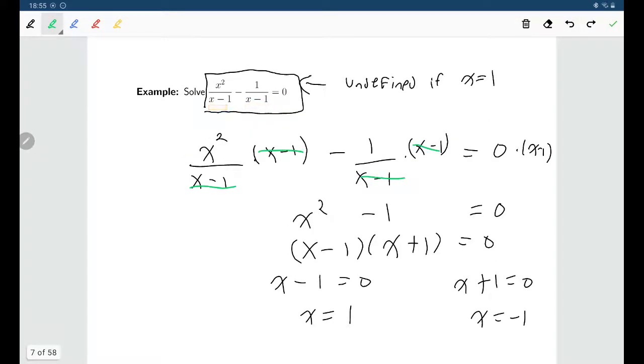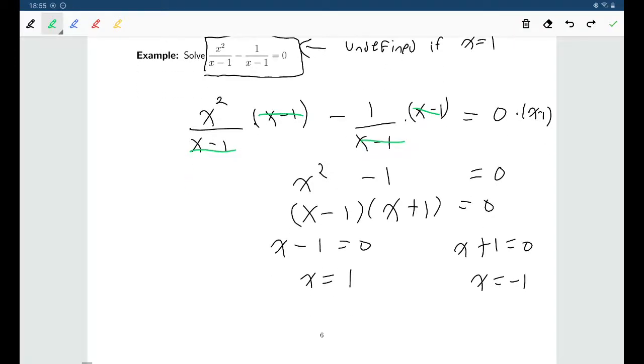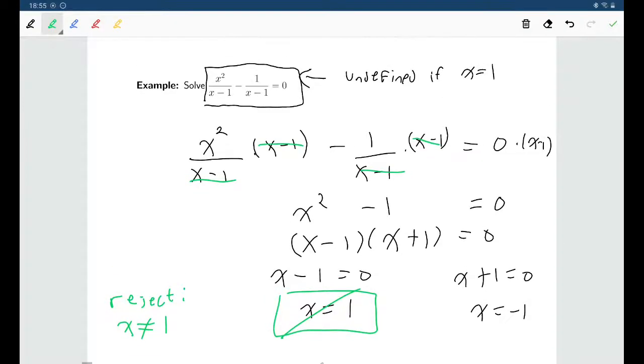You would wind up having something that's undefined minus something that's undefined equals 0. So one thing you know is that 1 could not be a solution. So that means here, this actually is extraneous. So x cannot be equal to 1, and that's because we know that the original equation would be undefined if x were equal to 1.